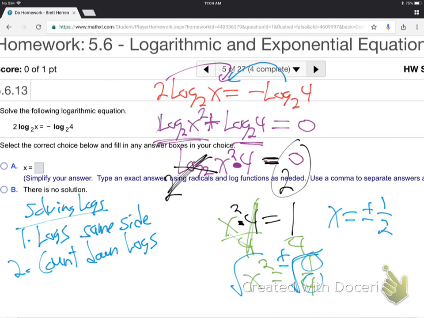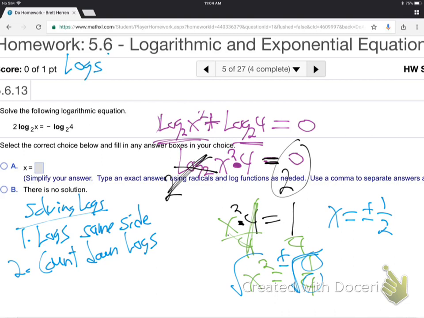Two answers, but you must check. Logs: log equations must be checked.